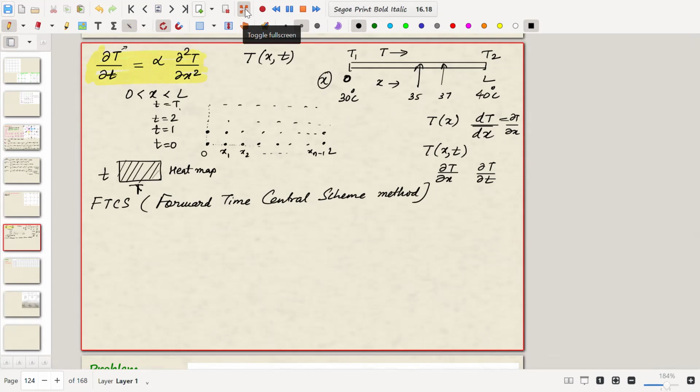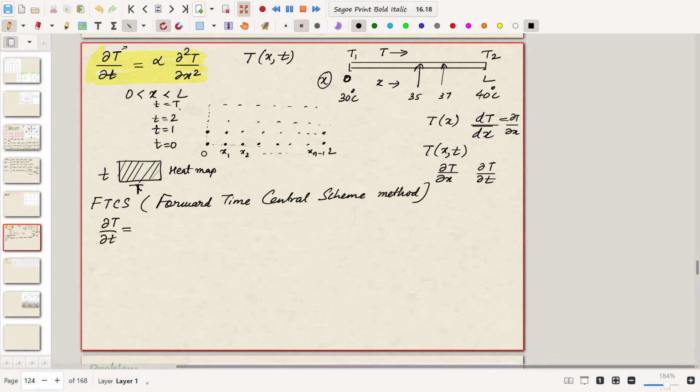Any ideas? So what can you write for dou T by dou t? I told you, slope form, nothing else. Slope of 2 points, y2 minus y1 by x2 minus x1. Similarly, temperature at i at the n plus 1th iterate minus temperature at i at the nth iterate, divided by delta t, the time step difference t2 minus t1. How can you write dou 2T by dou x2 based on the previous scheme?